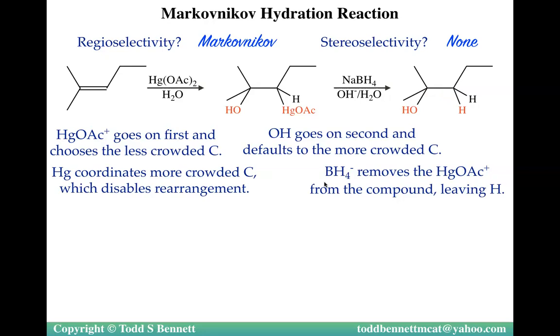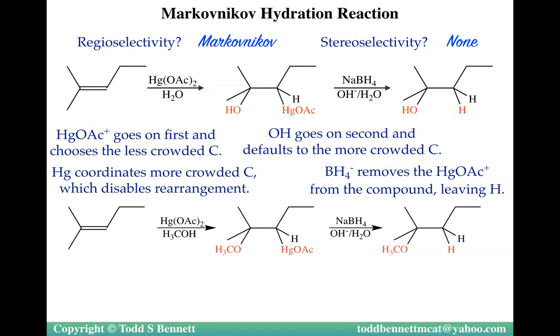But before I do, I just want to revisit real quickly a couple reactions. If you were to use the same reactant as here, but instead of using water, we attacked with methanol, the methanol would come in just like water did before, and then you deprotonate it with an OCH3.